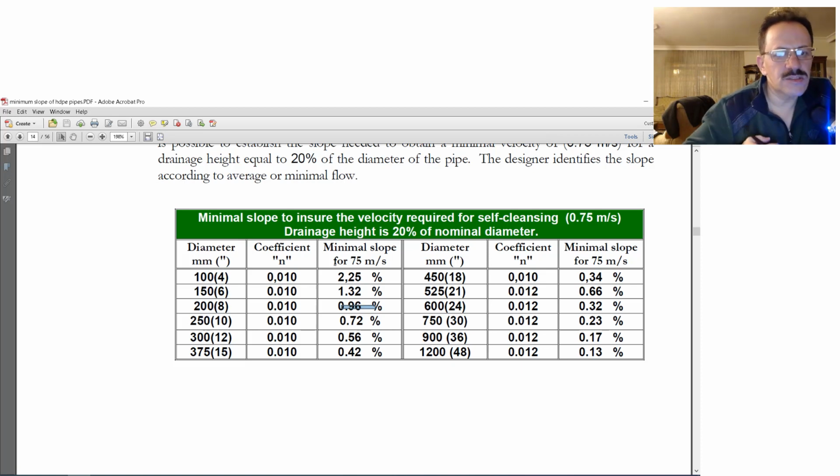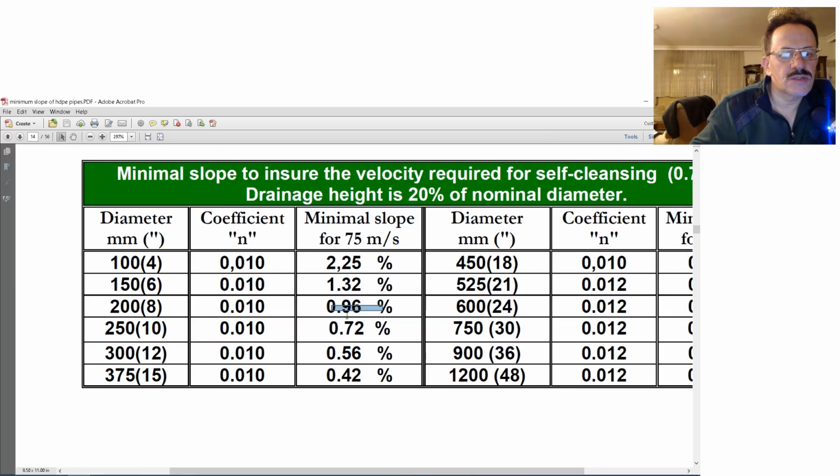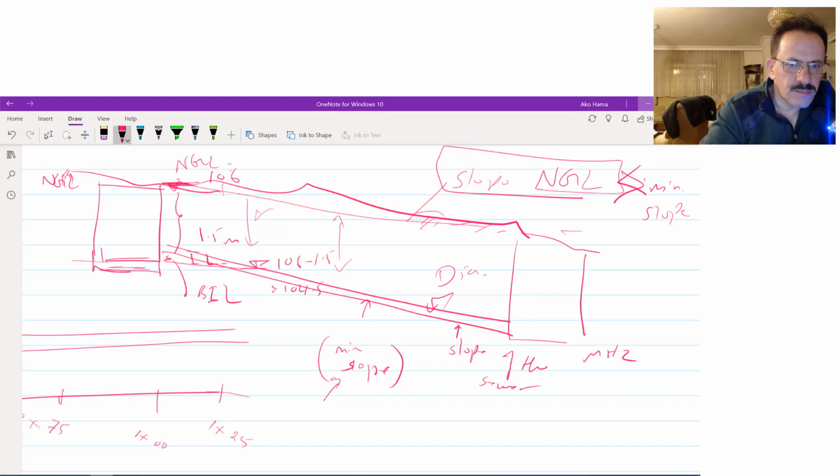So 1% is very good in this case, or more, but it's sufficient to have 0.96%. So assume that we are using 0.96 or 1%.